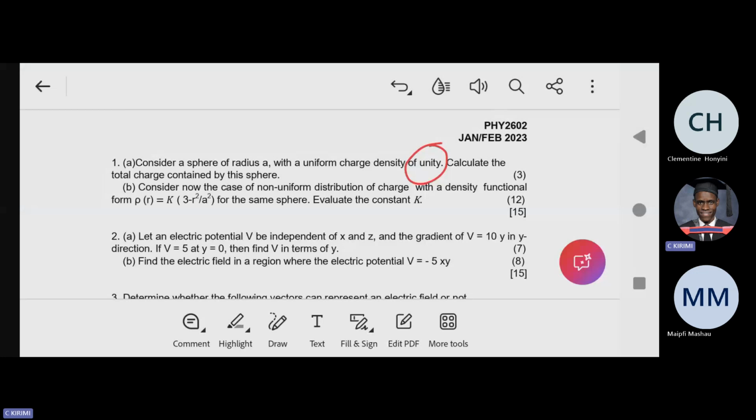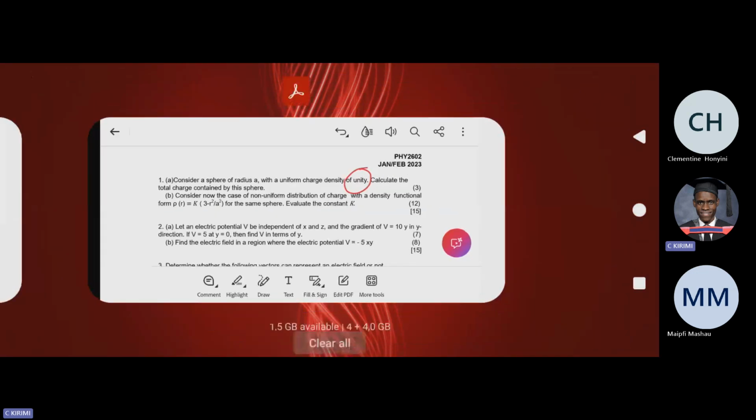The charge density has that equation: rho of r equals K multiplied by 3 minus r squared over A, where K is a constant. So evaluate the constant. We are looking now to solve for the value of K.